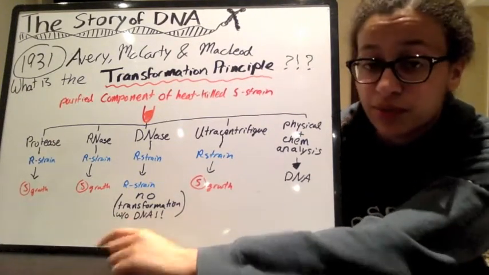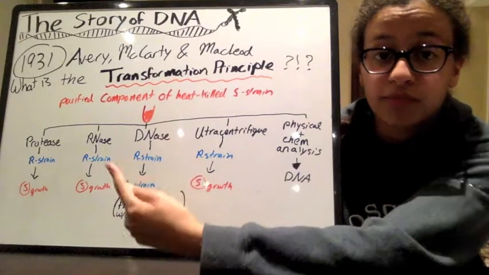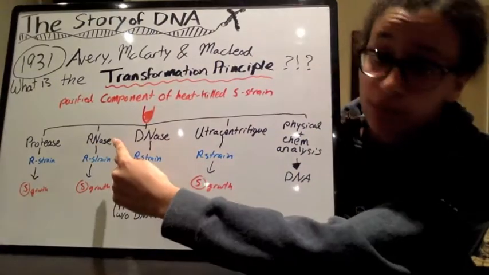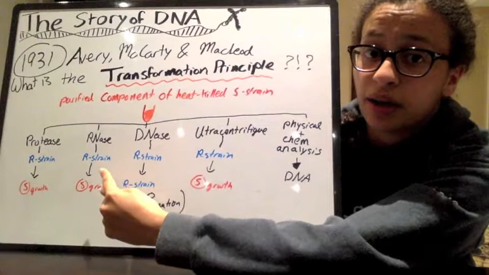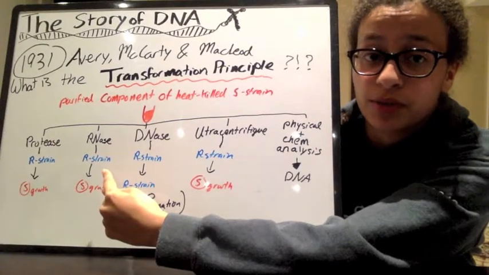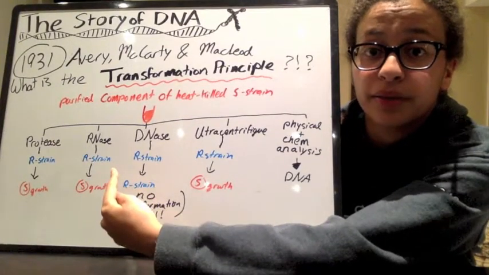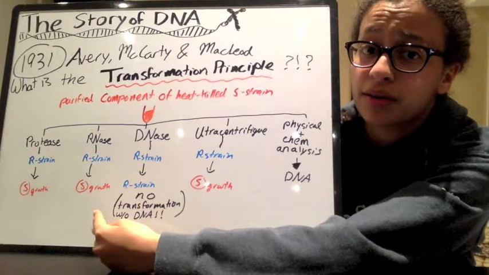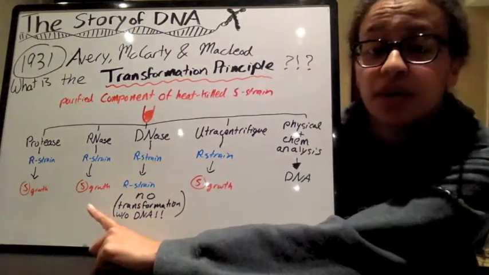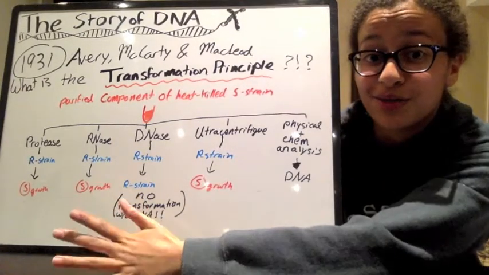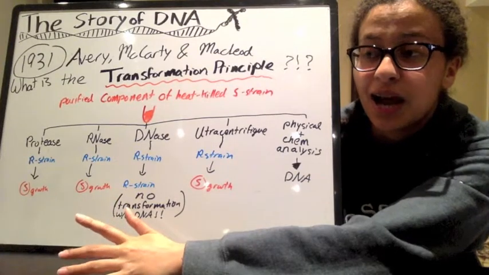Now, same thing with RNA. If it was RNA, well, we used RNase and broke down RNA, and then we mixed this transformation principle along with the living R strain, we still got a transformation because we ended up with S strain. Now, the interesting part is when you get to DNA.